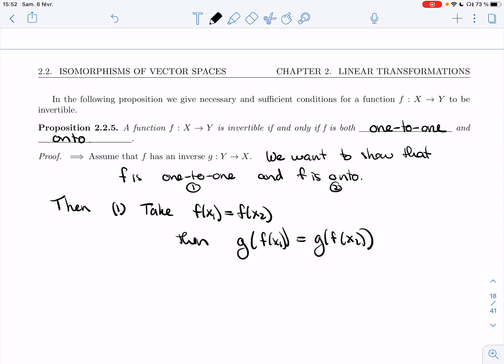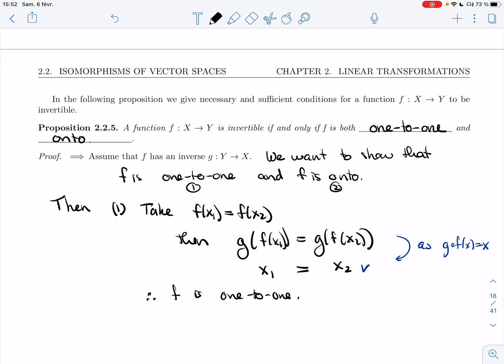And then g and f cancel. So this is x1 and this is x2. So x1 is equal to x2. All right, so we've just proven that f is 1 to 1.